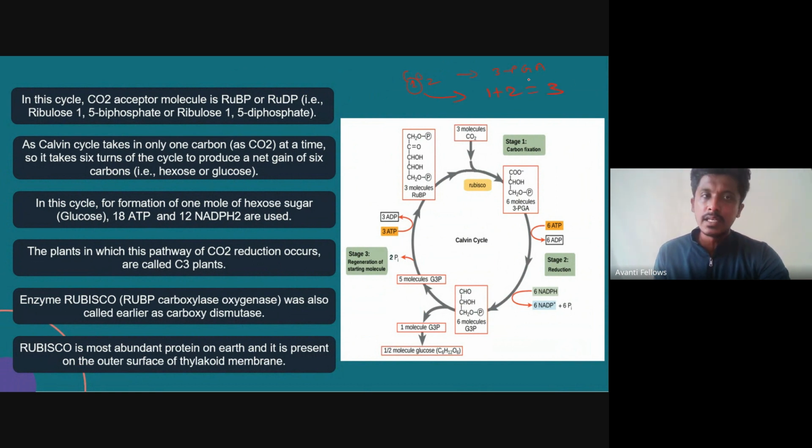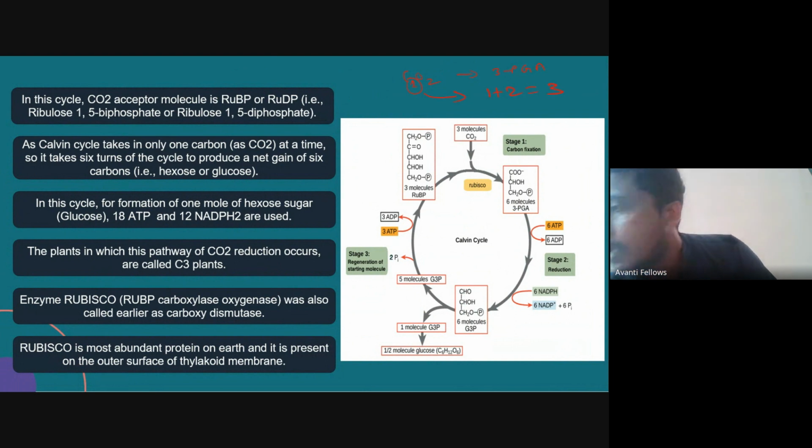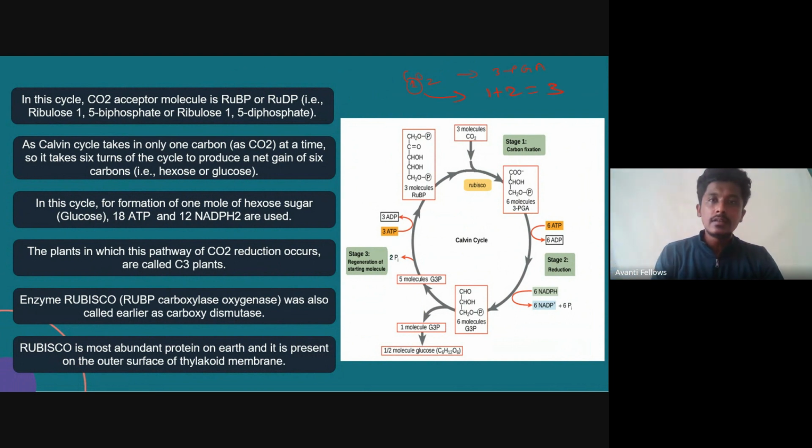That's what you think. That's what even the scientists thought. If carbon dioxide is fixed as a three carbon compound, then definitely there is a two carbon compound. See, 1 plus 2 has to happen. So they were finding which is this second two carbon containing compound that is helping our one carbon dioxide to become a three carbon containing PGA.